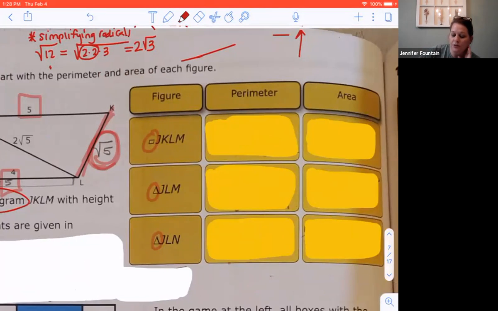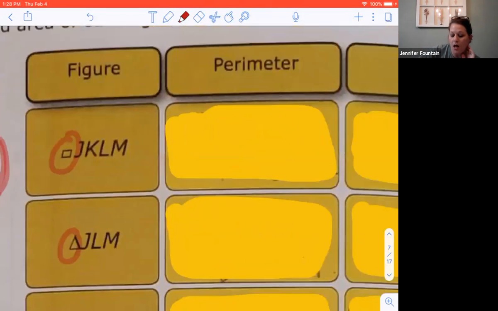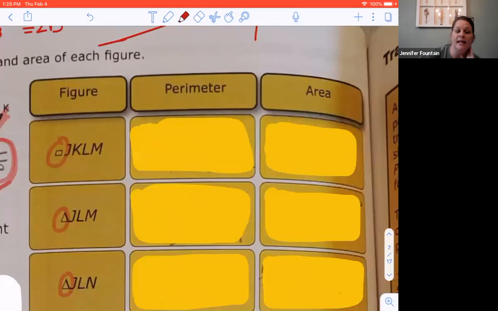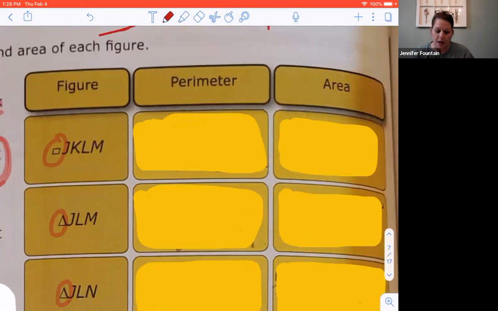So the first one, I'm doing the perimeter of parallelogram JKLM. So how many sides does a parallelogram have? 4. So I know for my perimeter, I'm going to be adding 4 numbers together, or I can say 2 times the length plus 2 times the width.